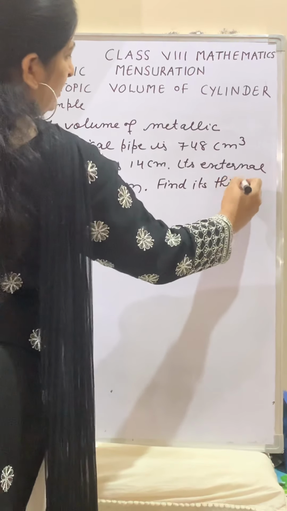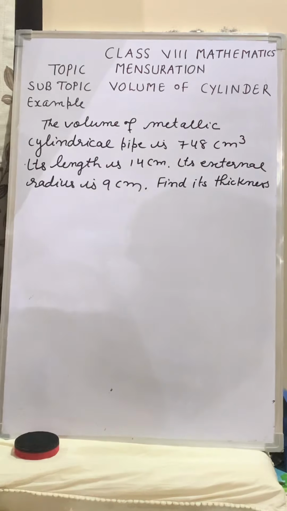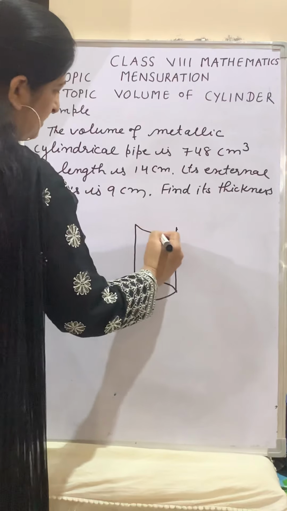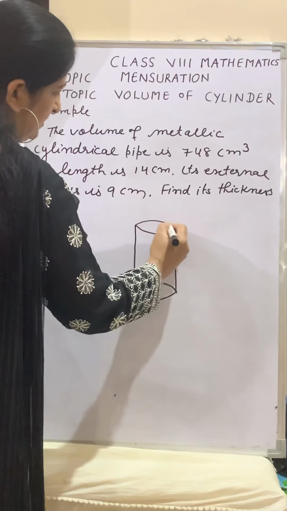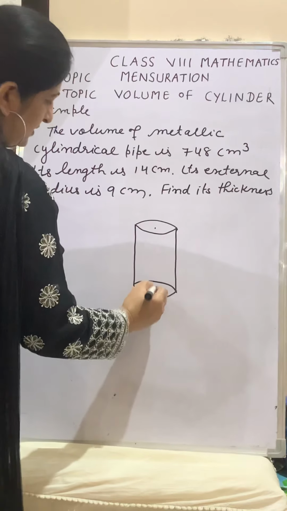First of all, understand this example. When any object is made up of metal, how do we draw the figure? It is the inner surface. It is the height. When we join, it is the height.